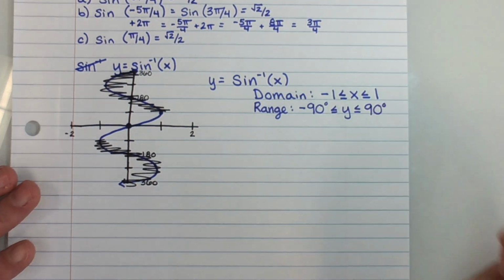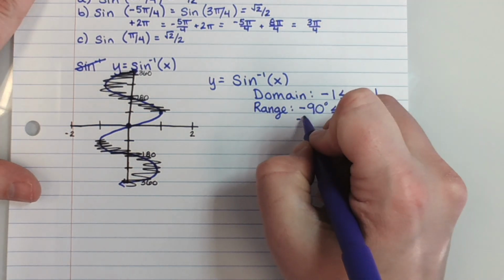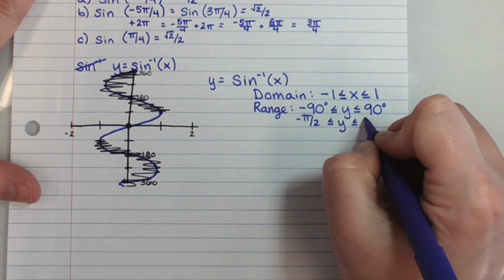The outcome values that inverse sine will give you will only ever be between -90 and 90. Or, if you're working in radians, -pi/2 and pi/2.